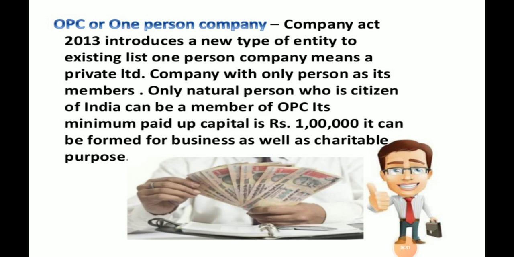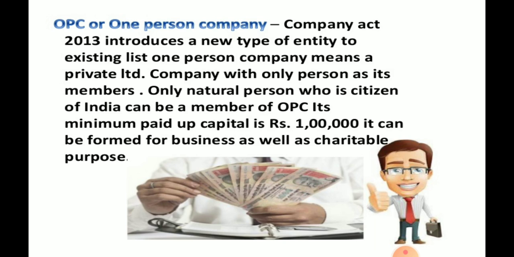So a one person company can now be opened by a person and can work for business purposes as well as charitable purposes. It is a very good decision, and if a person wants to open a company, they can open it by registering. So it is quite good.